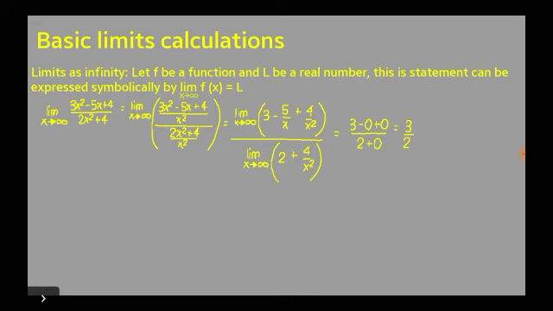X squared and x squared are the same, so we can take it once. The limit as x approaches infinity of 3x squared minus 5x plus 4 over x squared, over 2x squared plus 4 over x squared. Then x squared, because they are the same in numerator and denominator.